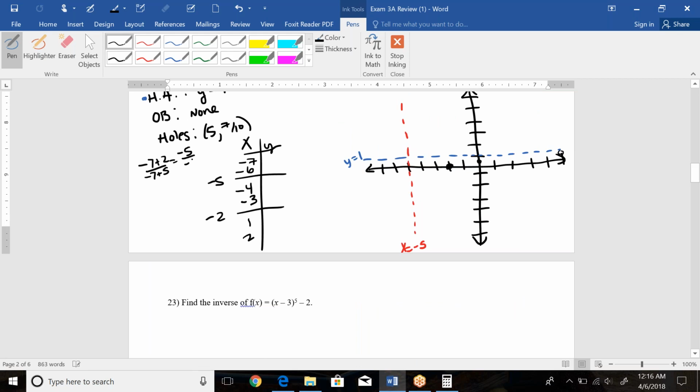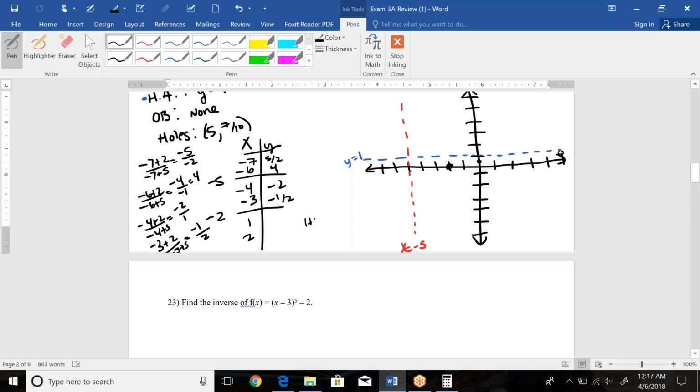That's -5 over -2, or 5/2, because it comes out positive. -6 plus 2 over -6 plus 5 is -4 over -1, which is just 4. -4 plus 2 over -4 plus 5 is -2 over 1, so that's just -2. -3 plus 2 over -3 plus 5 is -1 over 2, so that's going to be -1/2.